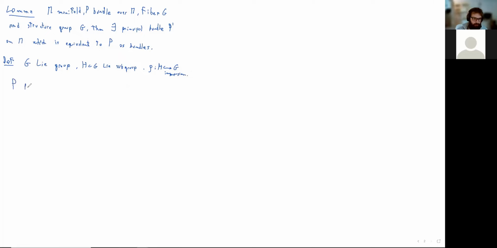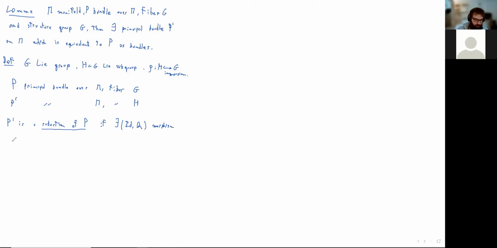And we take P, a principal bundle over M with fiber and hence structure group G, and P prime, same thing again over M, with fiber H. And we say that P prime is a reduction of P if there exists a morphism of bundles such that this first component is the identity.